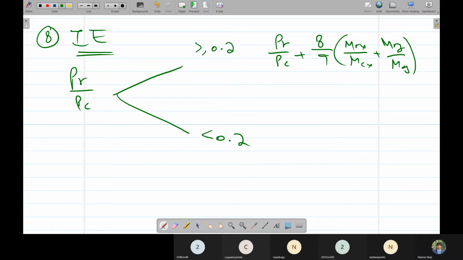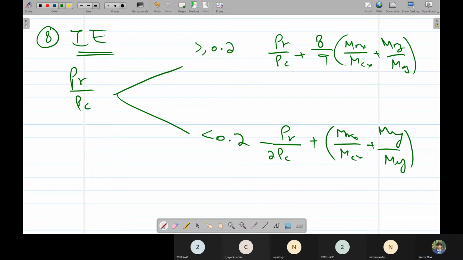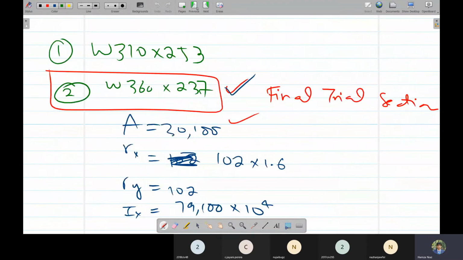And if it is less than 0.2, we are going to use Pr over 2Pc plus Mrx over Mcx plus Mry over Mcy. The answer of whichever equation we are using must be less than 1.0. If it is greater than 1, then we have to revise the section and go through this step again.